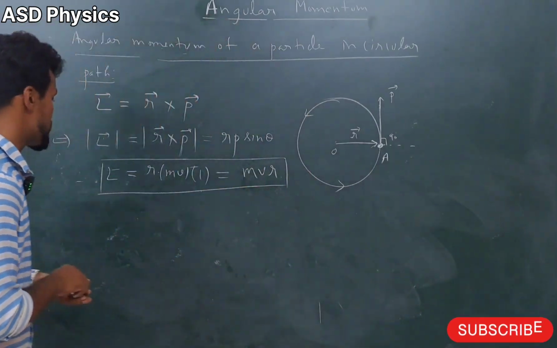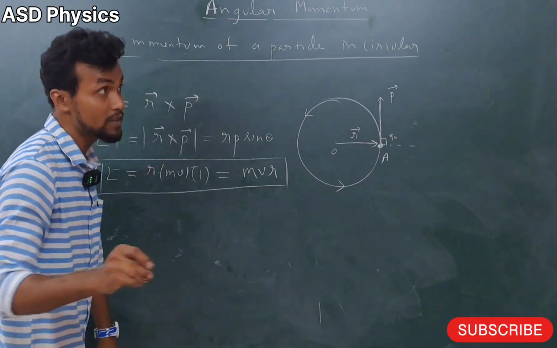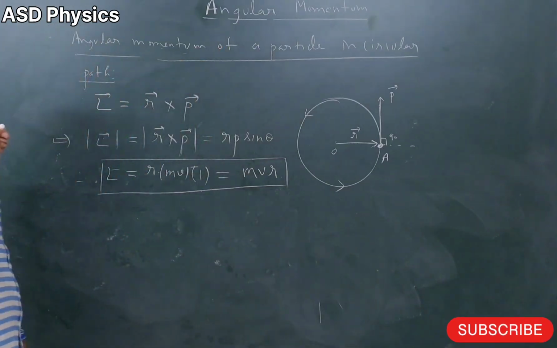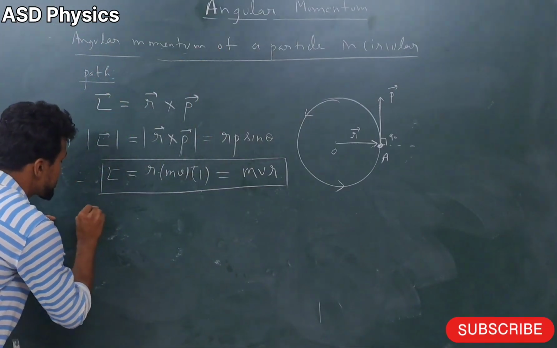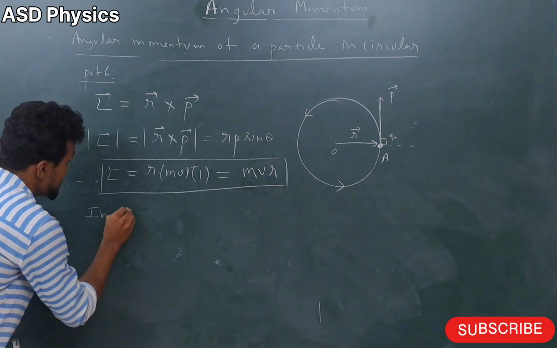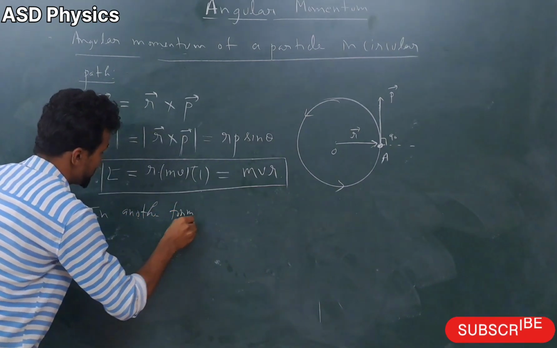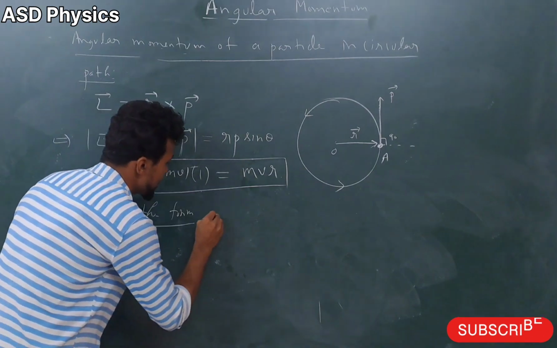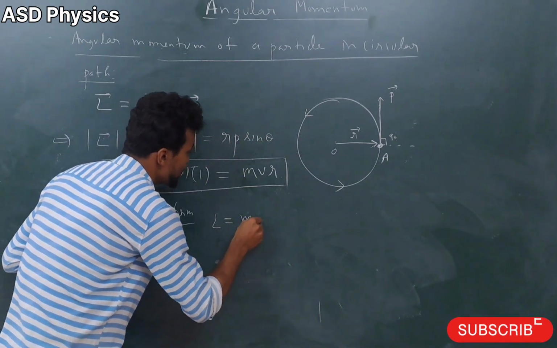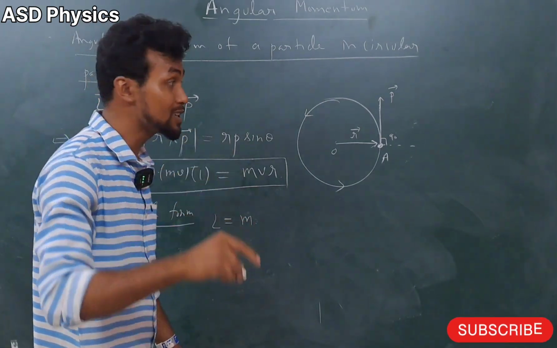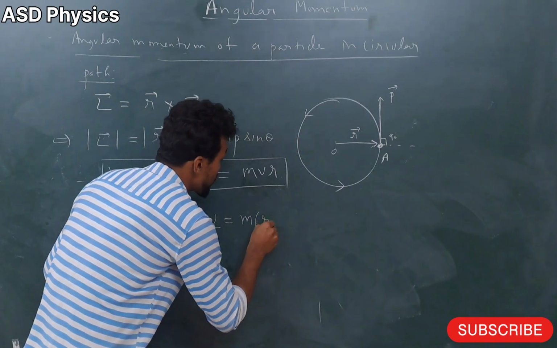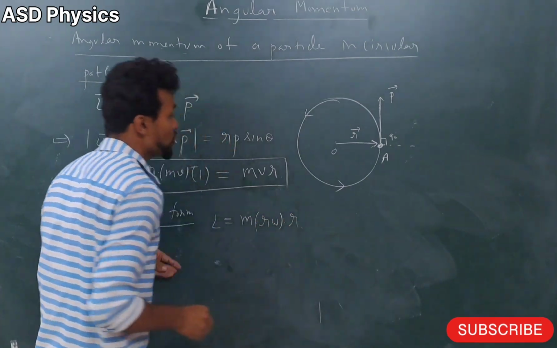Now my dear students, L equal to mvr we have got for the particle in which path? Circular path. Now students, if we see another form, L we can write here m, V is given by, in circular motion we know V equal to r omega into r.